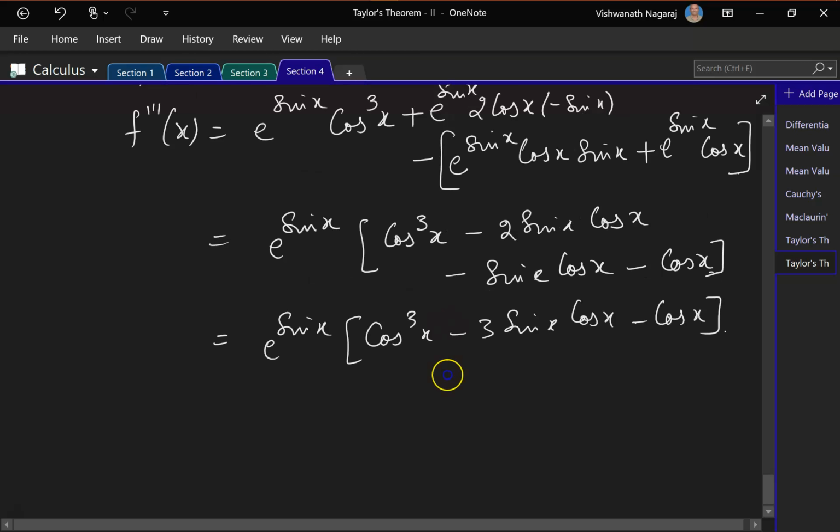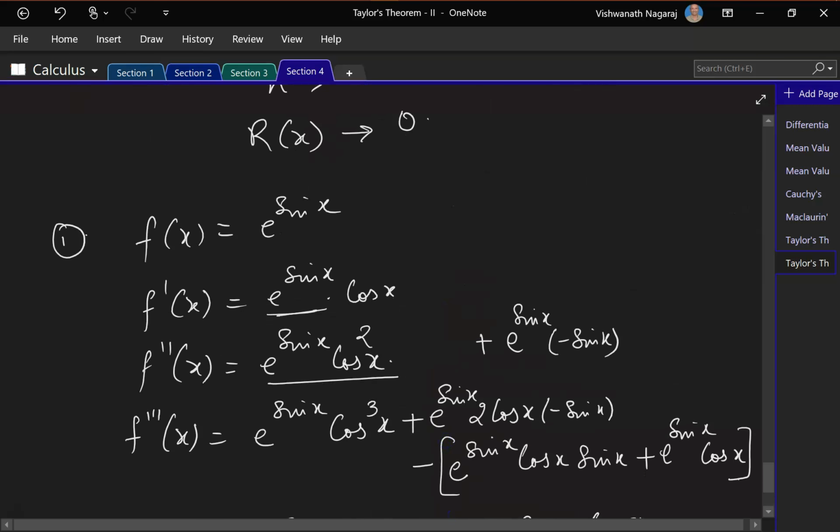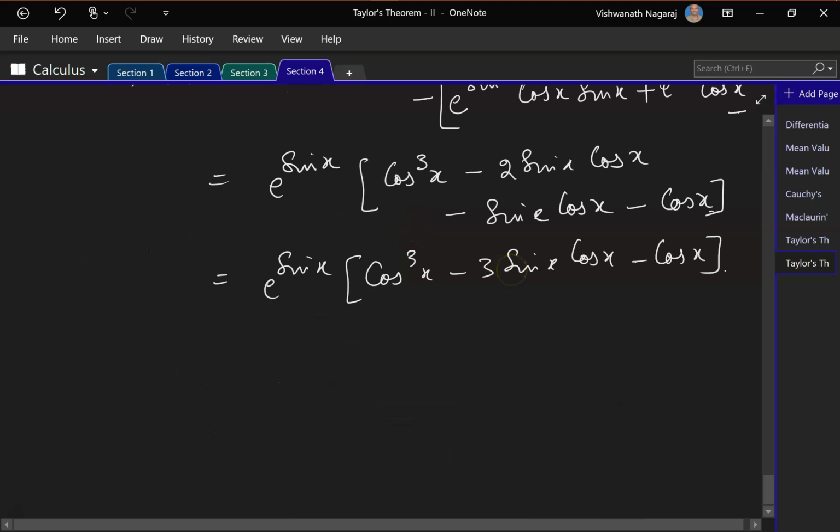Now here in the question it's not mentioned where to stop, right? So let us say we stop at the third term. So x to the power of 3, wherever we have cube we stop. Okay, so we stop at this point.